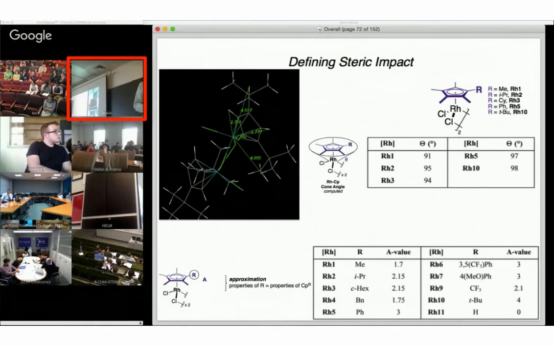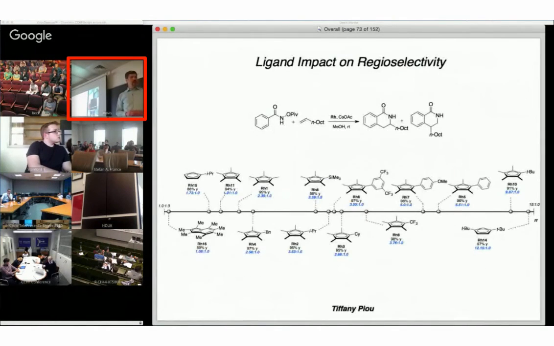Okay, next slide, please. Then we looked at several reactions. This is an insertion of decene into these N-pivaloyl hydroxamic esters. These are not actually all that selective. You can see Cp* on this scale is right around 2.5 to 1 or so. We've published chemistry where CpT, that's on the far right of the scale, is now synthetically useful.